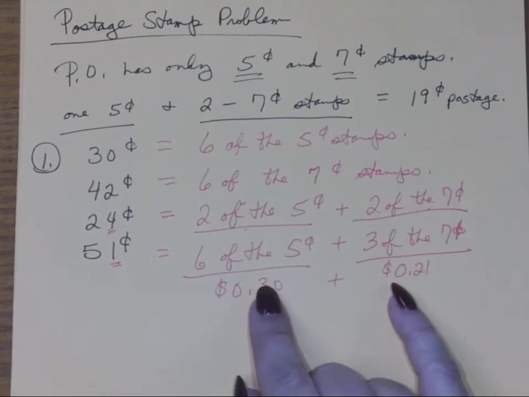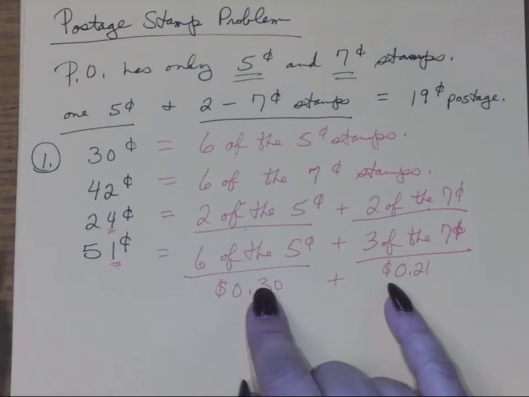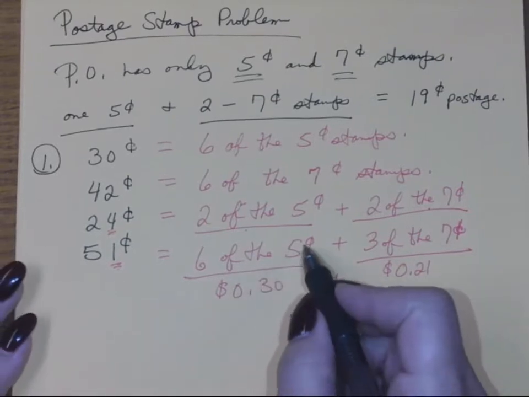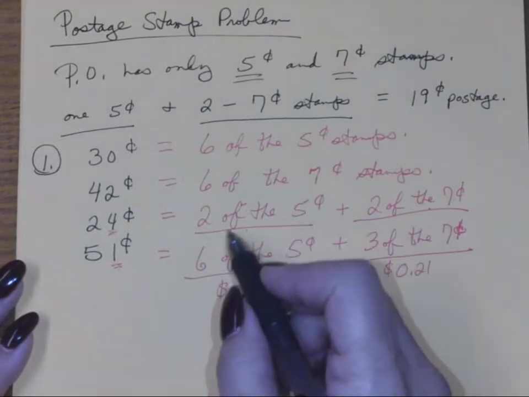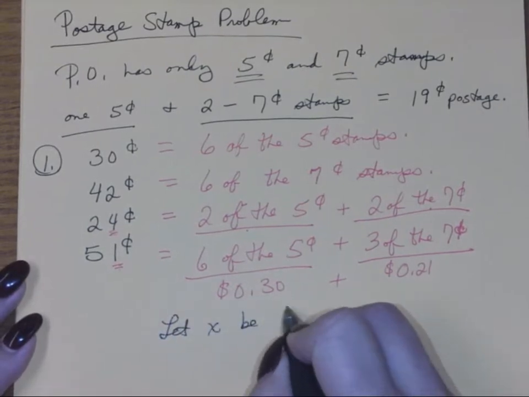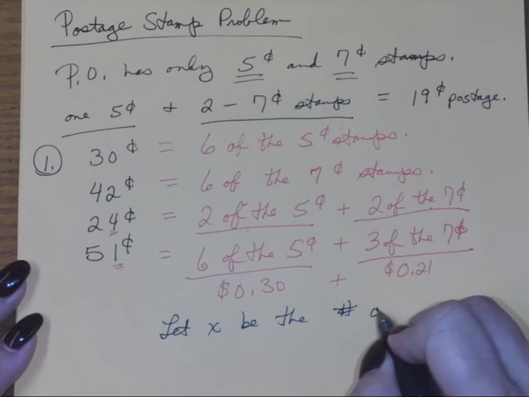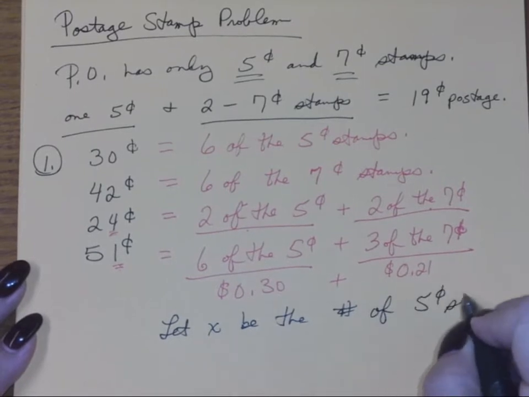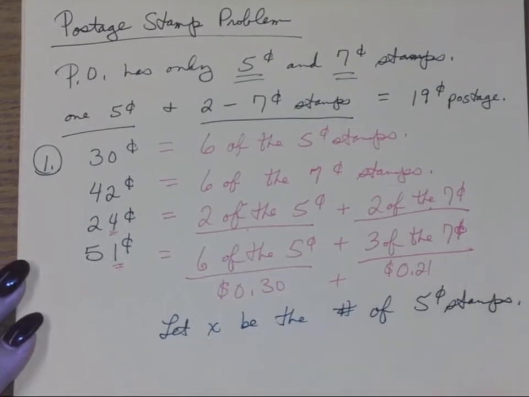This actually would, if we were doing this algebraically, we might start thinking about, hey, hang on a second, just go ahead to your adult mind, not thinking about kids. Hey, I don't know how many 5-cent stamps there are. What if I let X be the number of 5-cent stamps? Right?